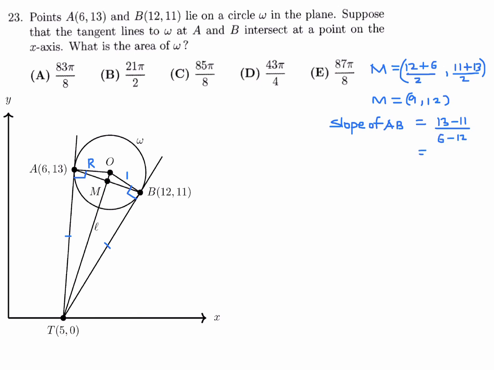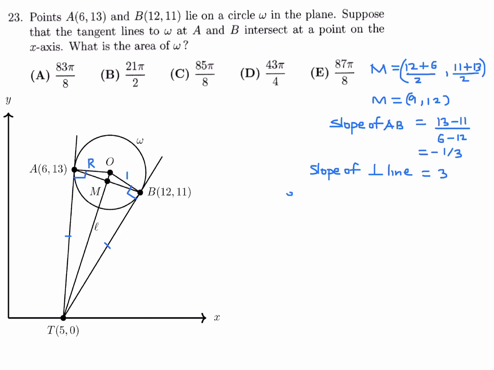So that looks like 2 over minus 6, so negative 1/3. So the slope of a perpendicular line, which is basically this guy right here, would be the negative reciprocal. So the negative reciprocal of negative 1/3 is just 3.